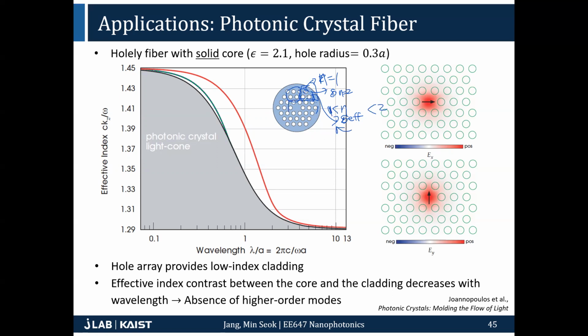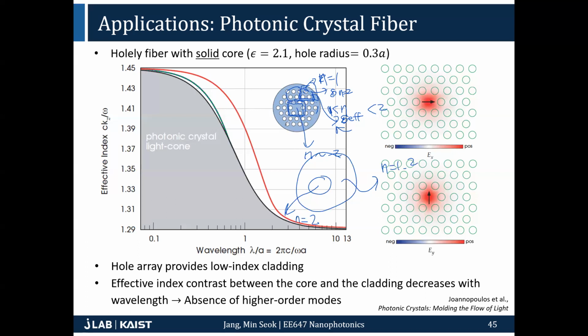And then if you think about this region where there's not much hole, the effective index is close to 2. So it's basically creating a dielectric waveguide with, for instance, a high index core, n equals 2, and a low index cladding, n equals 1.2, something like that. And you use these holes to regulate the effective index of the material.